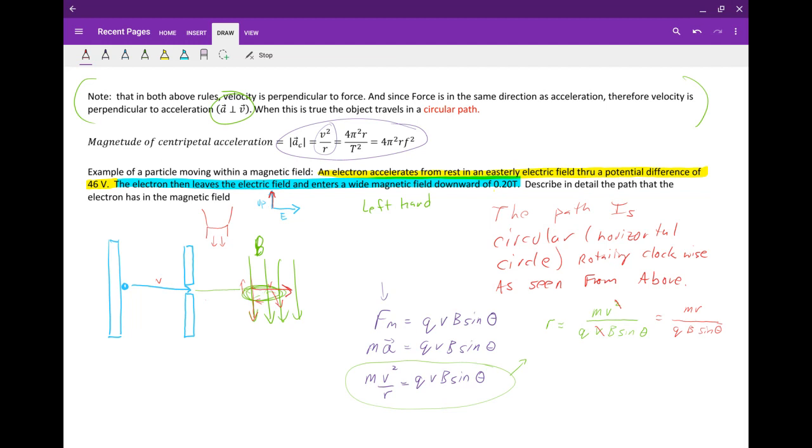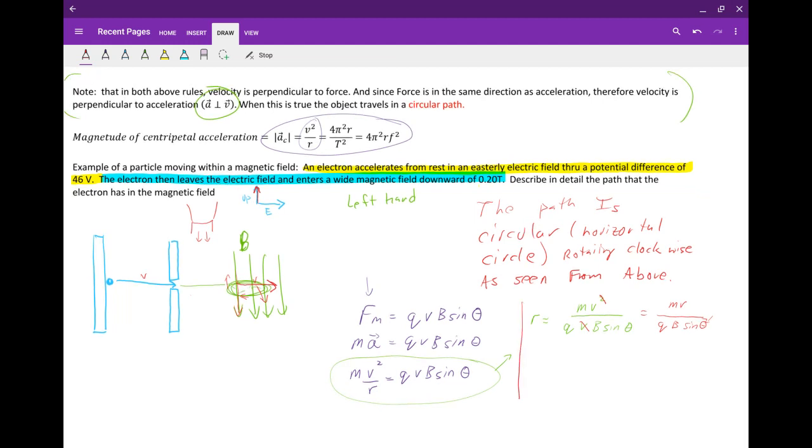So the angle between all of those cardinal directions, because I've got a horizontal rotating circle, and down is 90 degrees. So this angle will always be 90 degrees in this example. Just in this example; other examples might not be 90 degrees.